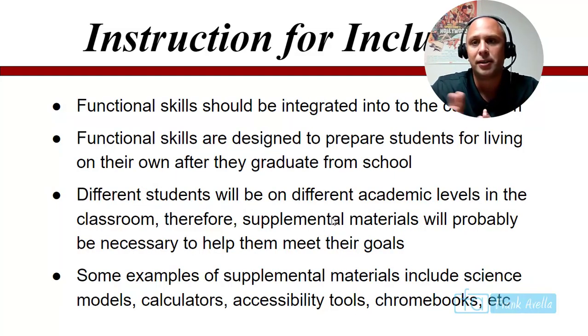Functional skills should be integrated into the curriculum, and this is for severely disabled students. Functional skills are designed to prepare students for living on their own after they graduate from school. Different students will be on different academic levels in the classroom. Therefore, supplemental materials will probably be necessary to help them meet their goals.